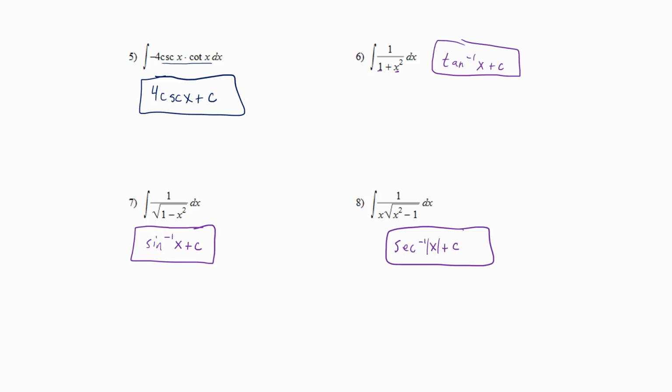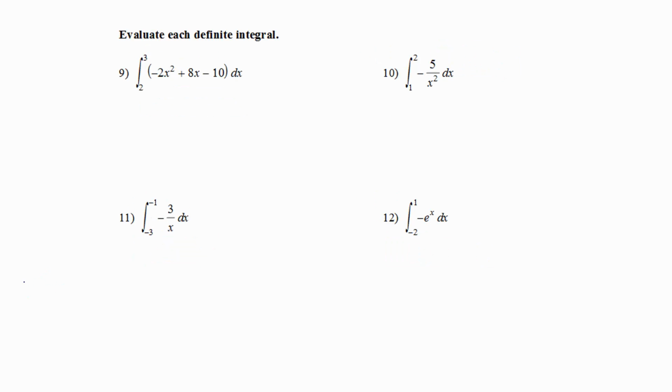Now, let's do some definite integrals. This is where we use whatever rule we need to, like the power rule, or change it to a logarithm or whatever. But then we also plug in the numbers. We plug the top number in first, and then do minus what we get when we plug in the second number. So here with the power rule, this would be negative 2x cubed over 3 plus 8x squared over 2 minus 10x.